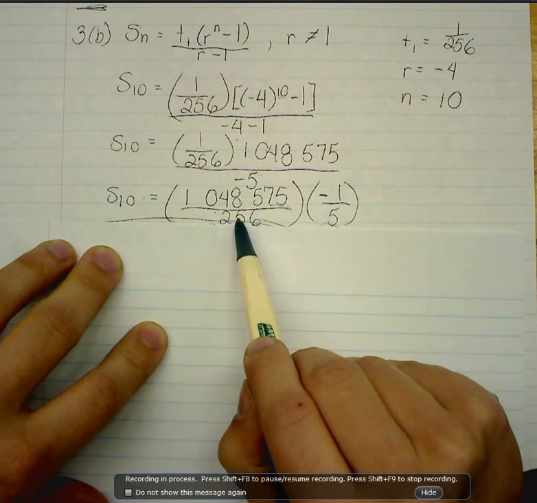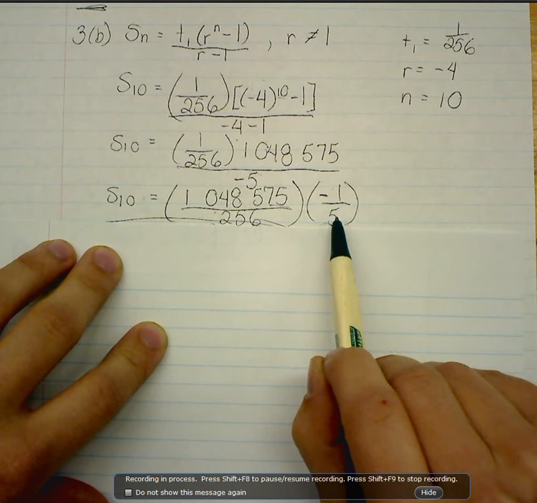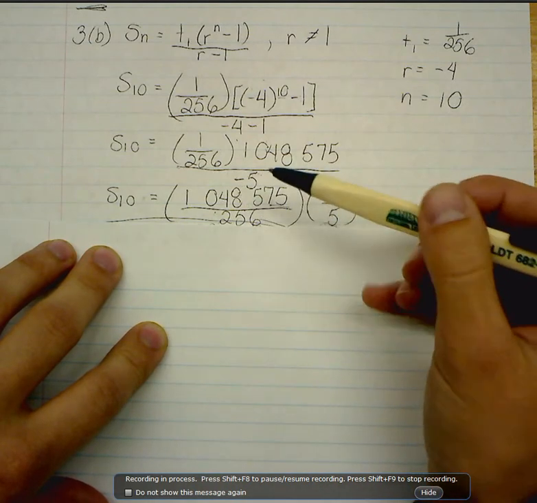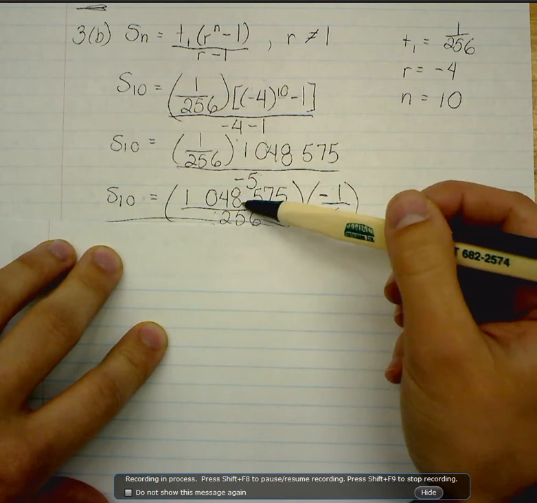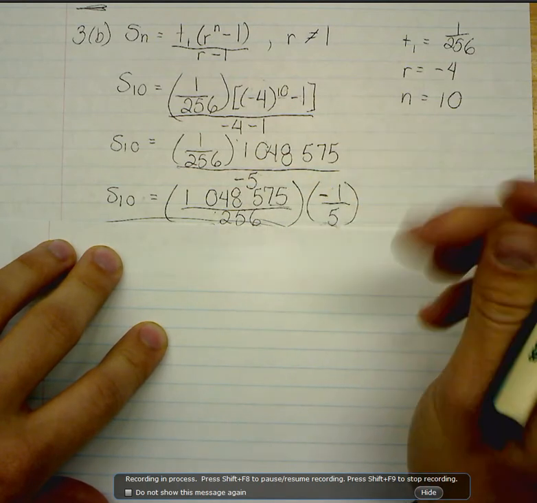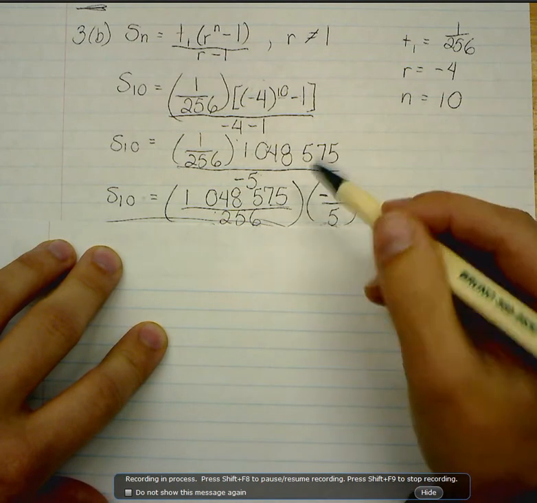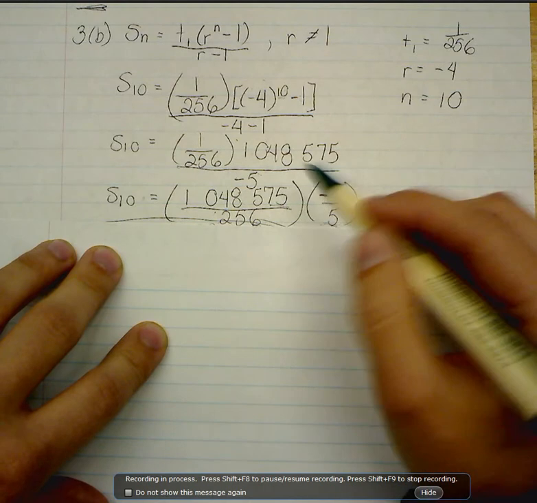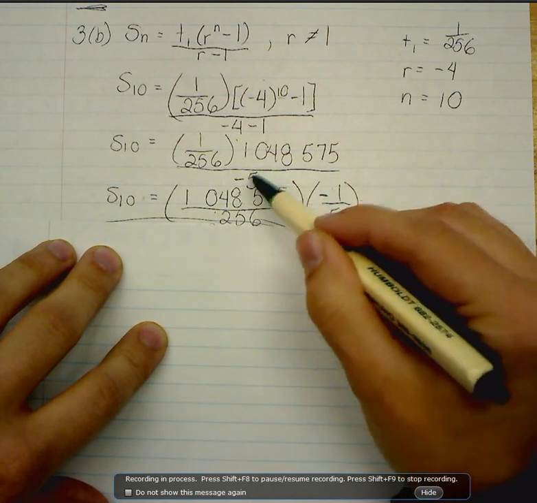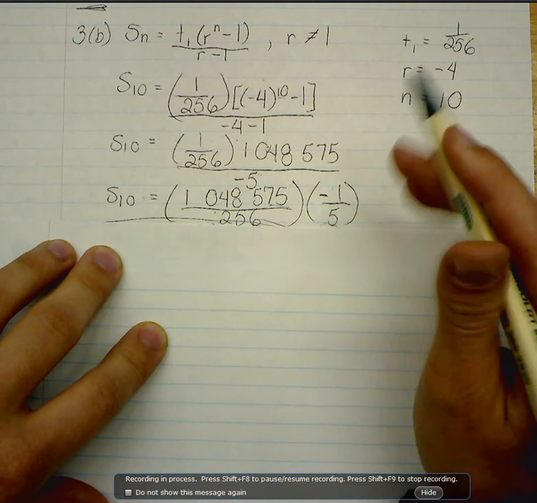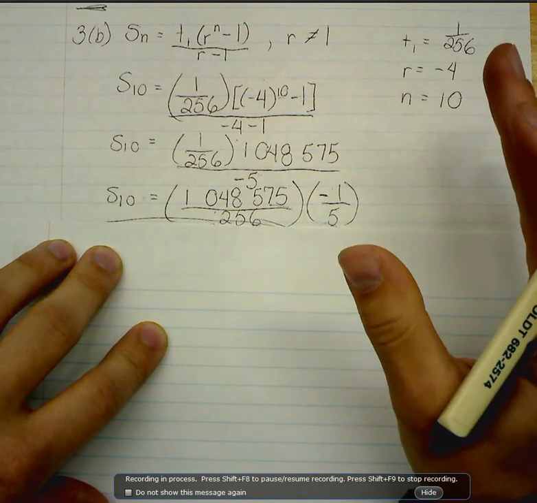If you're wondering where this term comes from, we try as much as possible in math to not have a stacking of too many lines in terms of division and multiplication. So what we're doing here is -1 over 5 is the same as keeping -5 in our denominator here. This just makes it more simplistic. We've got it set in terms that we can actually multiply.